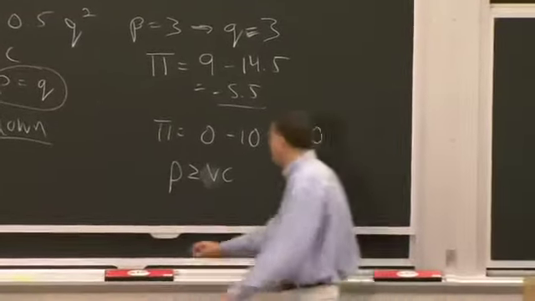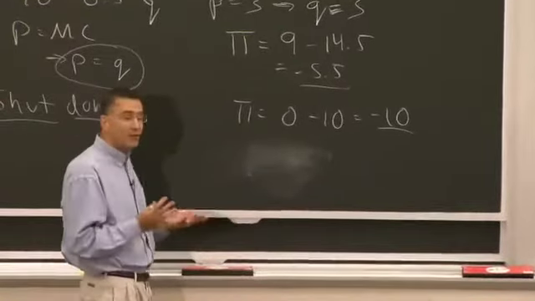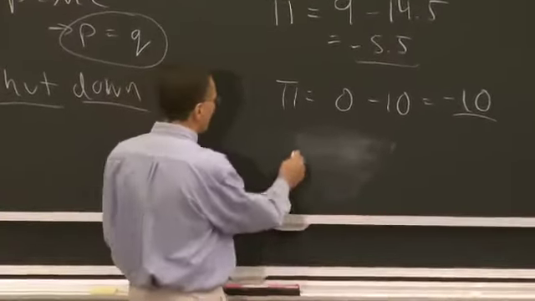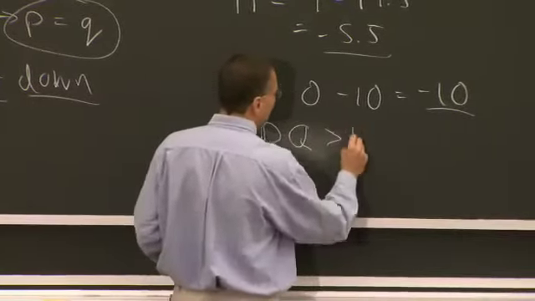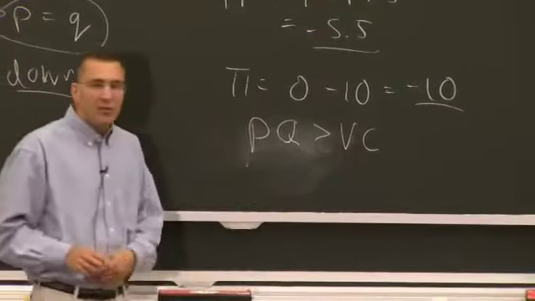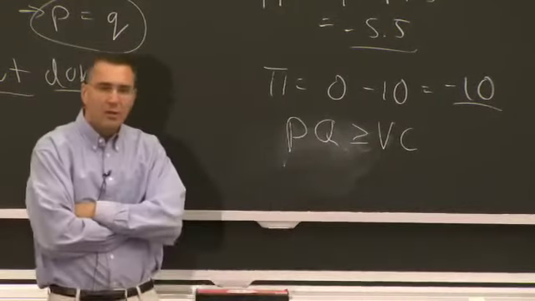Let me just derive this for a second. As long as it covers its fixed costs, that means a firm will stay in business as long as its revenues are greater than or equal to its variable costs.